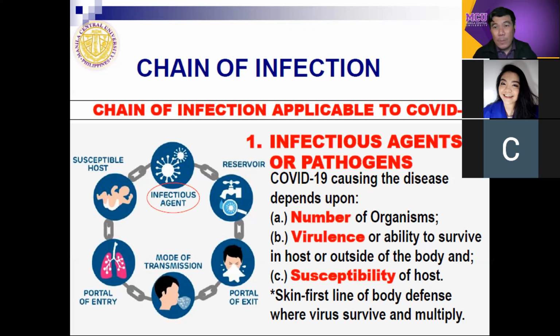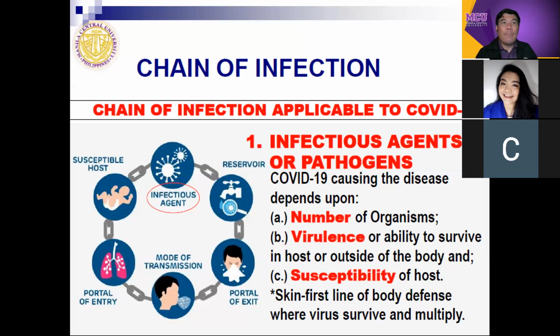However, if these are not sufficient, the virus survives and proceeds to the succeeding parts of the respiratory tract. But whenever our antibodies can attack and prevent the multiplication of the virus, then it may not proceed to the lower respiratory tract. That's what you call virulence.